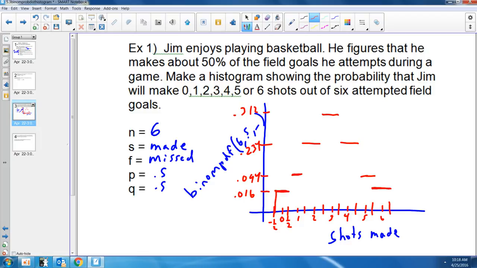So we're just going to draw the bars down here. And then it looks something like that. And so the probability of getting exactly 3 out of 6 would be 0.312.